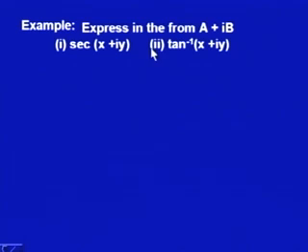The next example, the function sec(x + iy) is expressed as a + ib. That means, we want to write down this function in its real and imaginary parts.